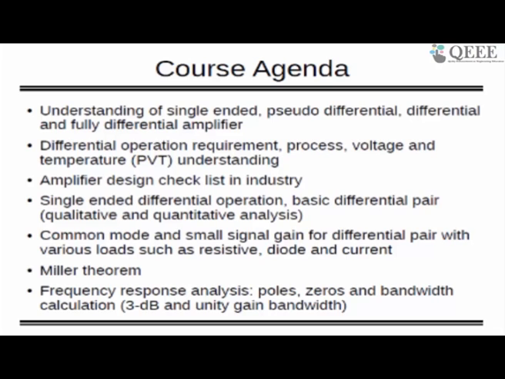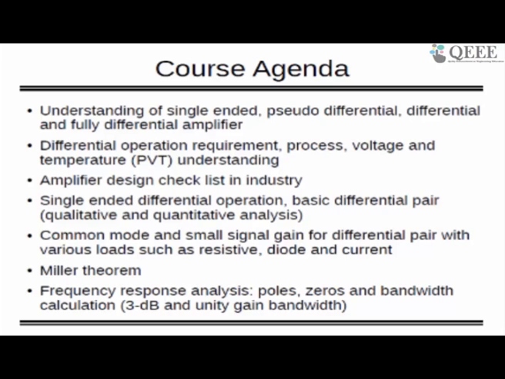Thereafter, the third part of our course is associated with the frequency response. Frequency response is the one when your gain is limited by the bandwidth, or gain is limited by the extra poles and zero creation. So we are going to study that through one very famous theorem called the Miller theorem, and it's very important to understand that the Miller theorem can give you poles, zeros, and bandwidth.